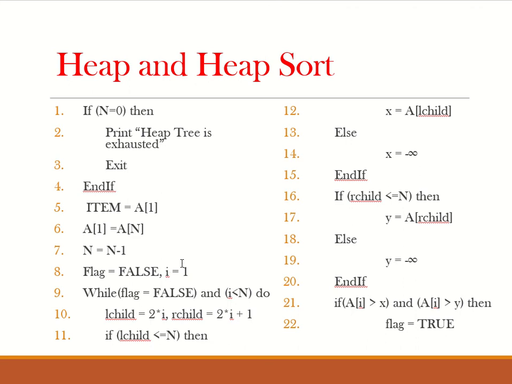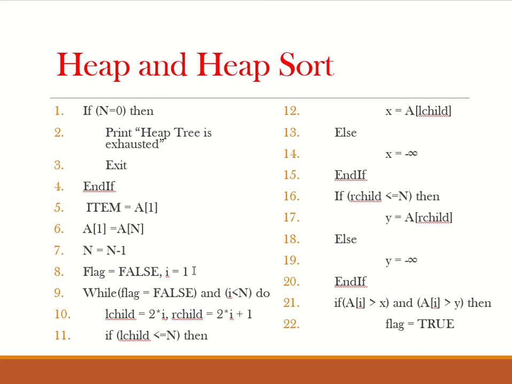You compare the element at I with its left child at 2i and right child at 2i plus 1 to know whether the heap property is violated. So you identify those elements. Now you have to check whether the left child index is less than or equal to n. If it is, then what does that mean?